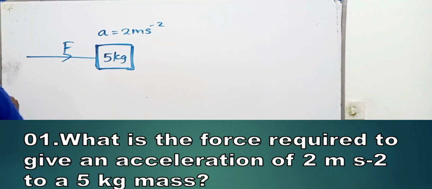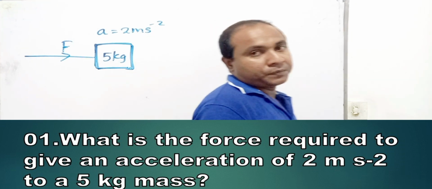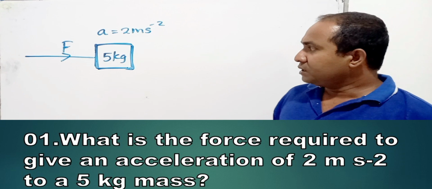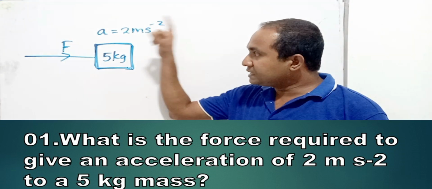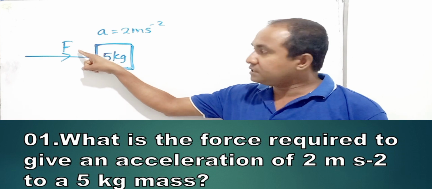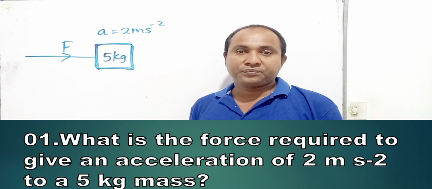It is the easiest question. The mass of this object is 5 kilogram, and we are asked what force should be supplied to get the acceleration of 2 meter per square second.